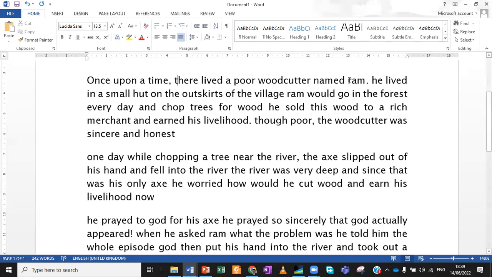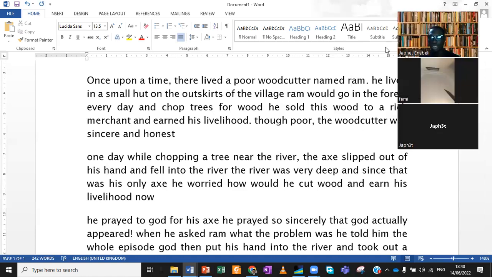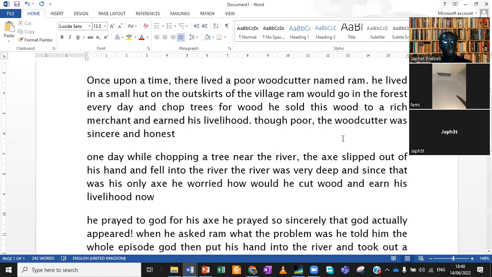The name should be capital too. Yes, because it's the name of the person, Ram. You are very correct. And it makes sense: Once upon a time, pause, there lived a poor woodcutter named Ram. This is a good sentence, right? Can you continue reading, please?